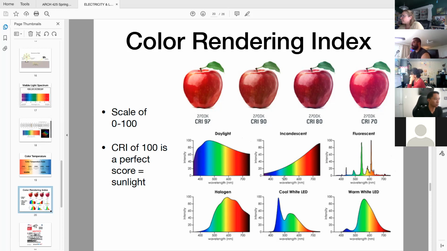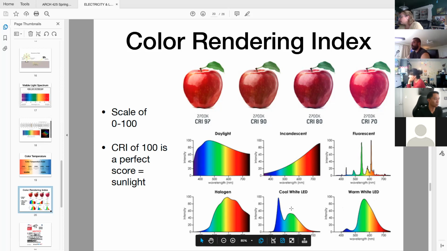Incandescent is a very warm light color, so a lot of the orange and the red range of the visible spectrum. Halogen, also very nice quality for CRI, a lot more based towards the warm side.